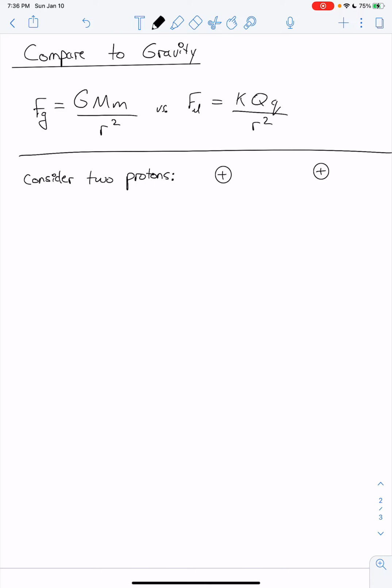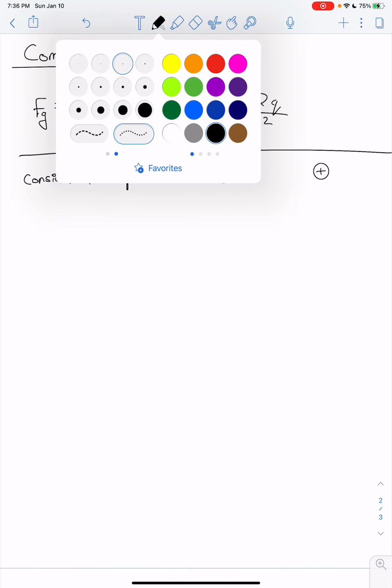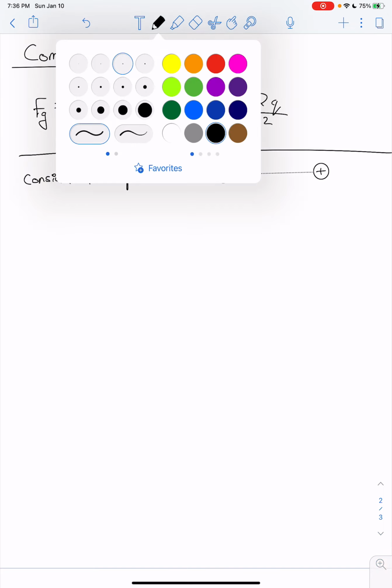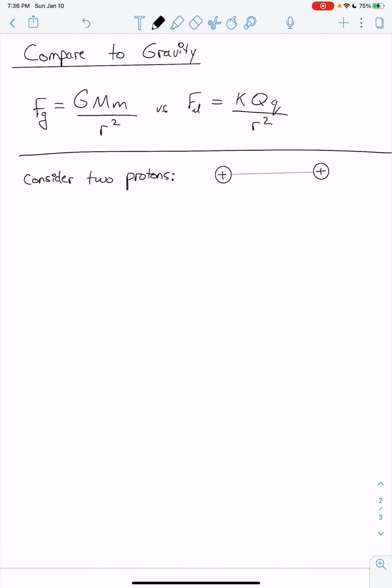So you've got two protons, identical mass, identical charge, same charge, so a repulsive force, and they're going to be some distance away from one another. We can call it R, or we could call it D, whatever. So consider these two are going to interact using both forces.